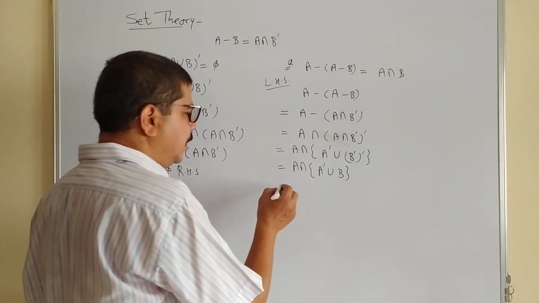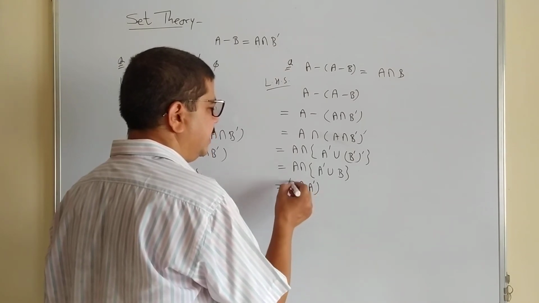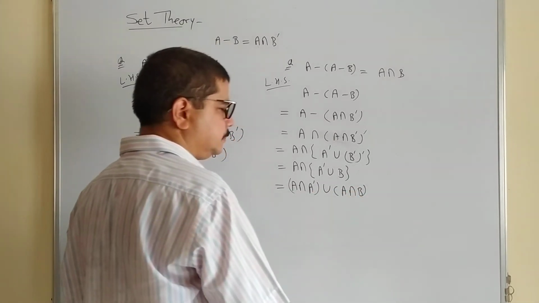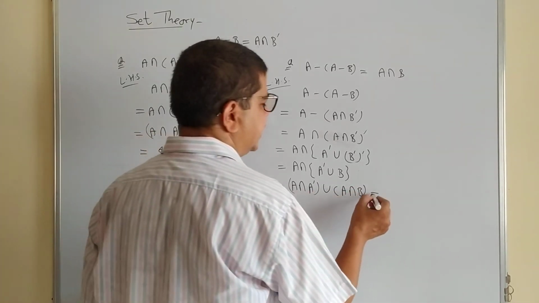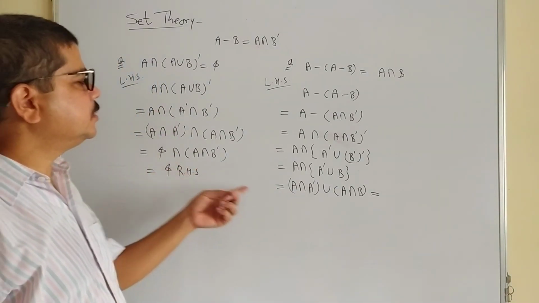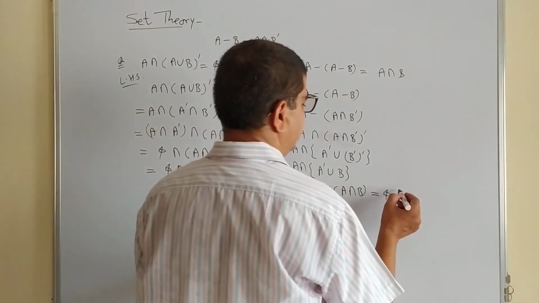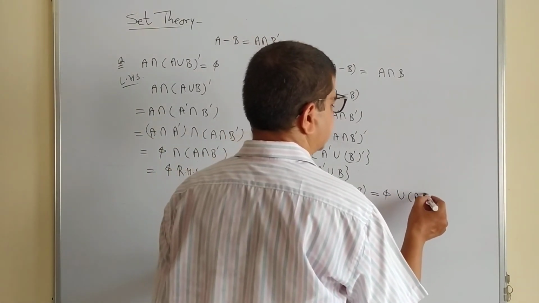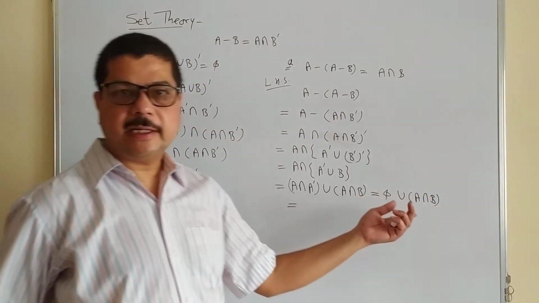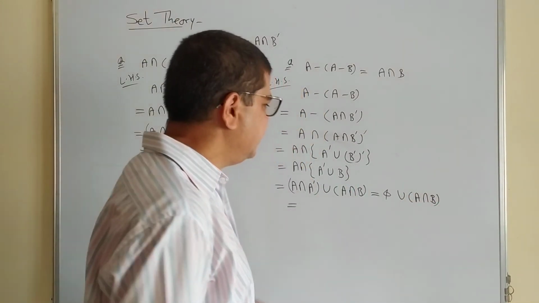Now using distributive law, it will be (A intersection A complement) union (A intersection B). A intersection A complement, as we have written in earlier questions also and we know, it will be phi union A intersection B. Now the union of phi, a null set, with any set gives the same set, while in intersection phi comes.